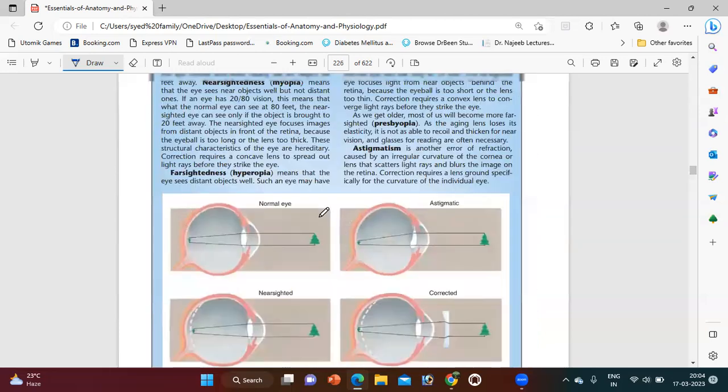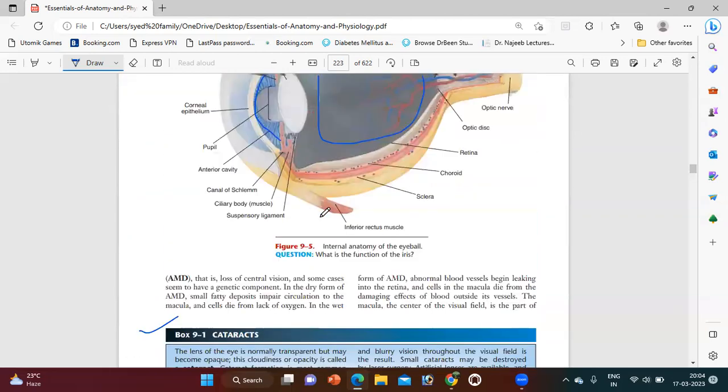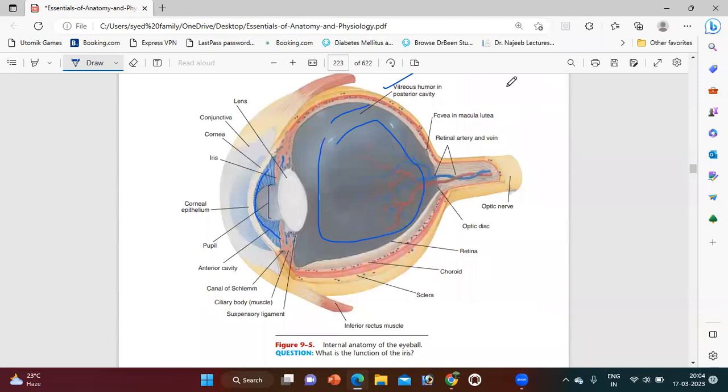So basically, we see the image. You can see here, it will enter by the help of the light rays, lens, optic, retina. Here we have the retina.